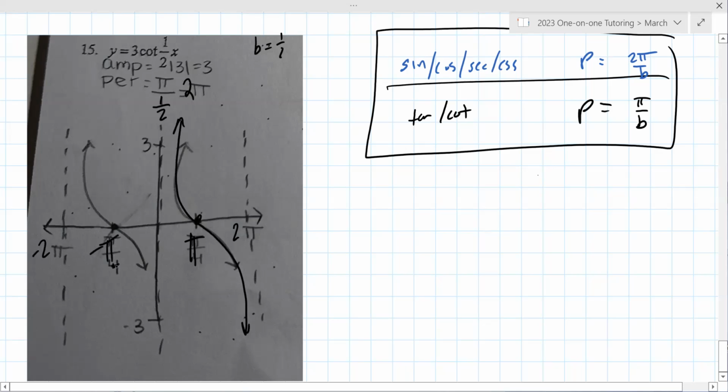This is minus pi. But this looks okay. I mean, this looks good from here.